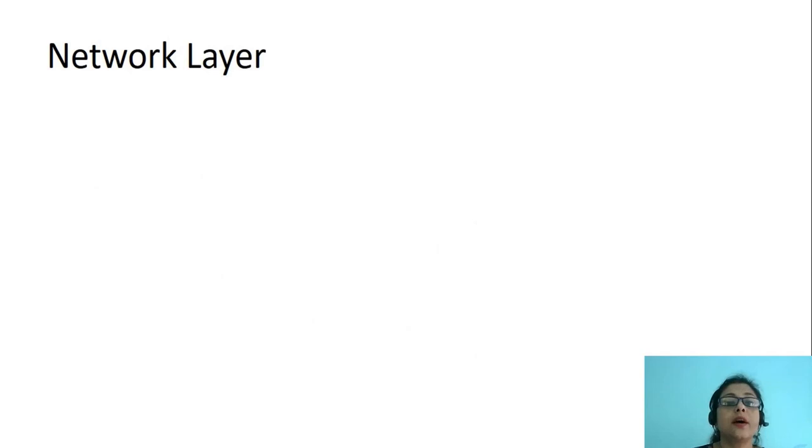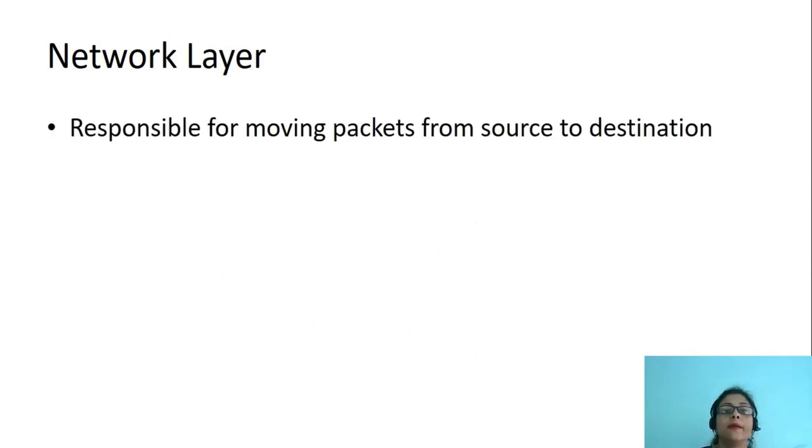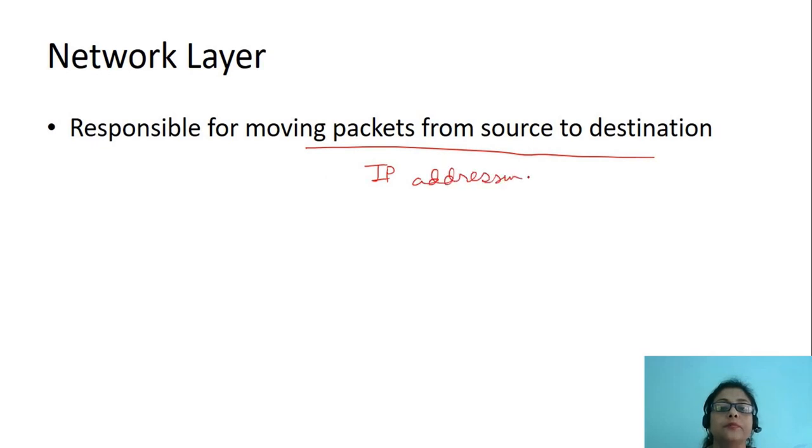Let us understand now what network layer is all about and its functionality. Network layer is basically responsible for moving packets from source to destination with the help of IP addressing. This is the third layer of the OSI model from below.